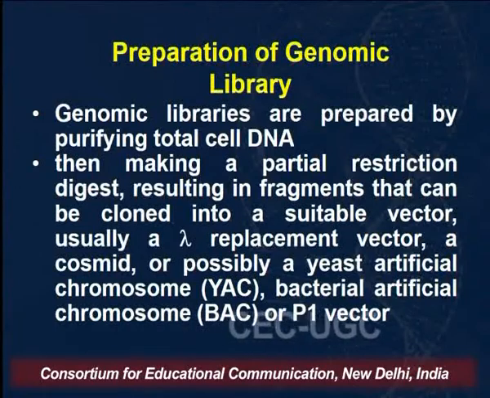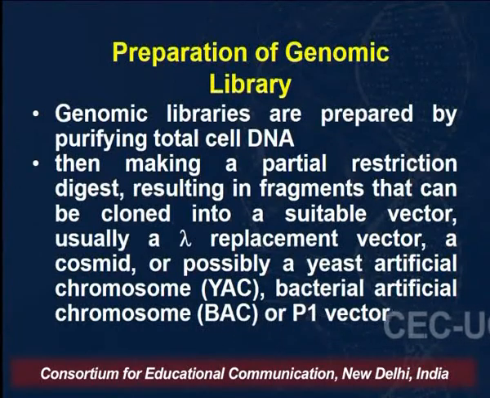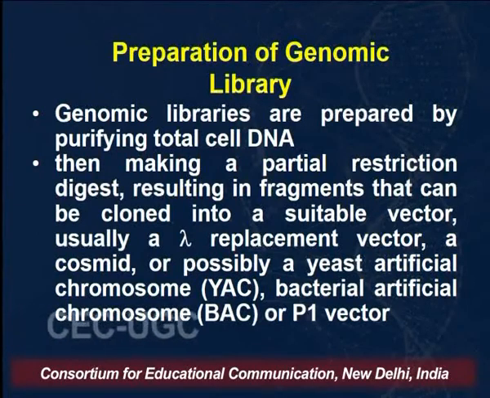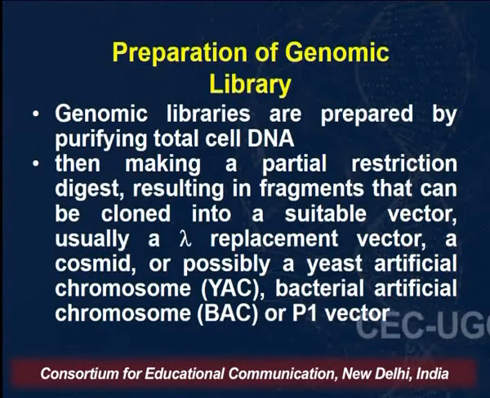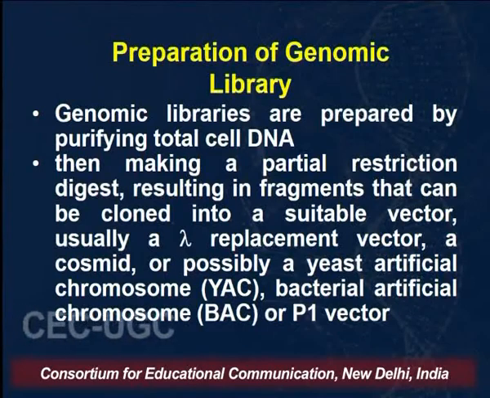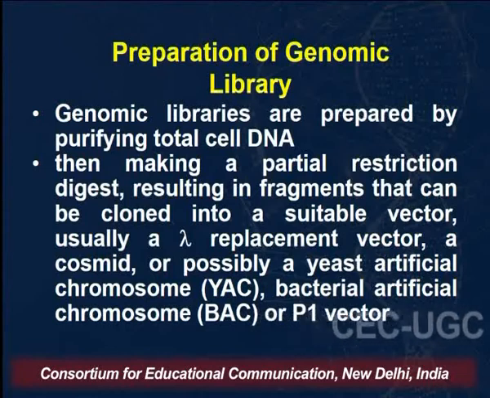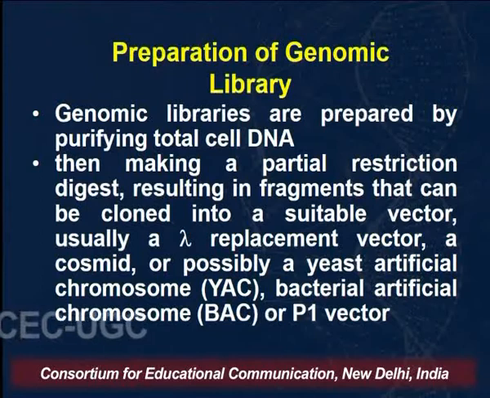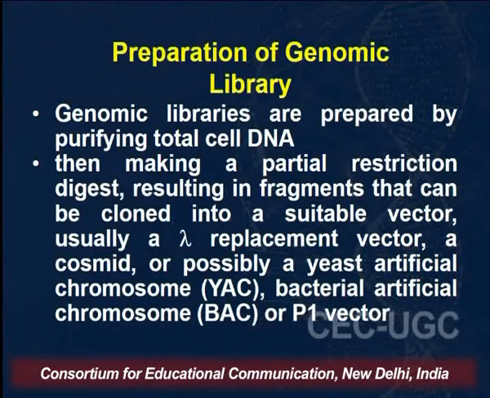Now, genomic libraries are prepared by purifying the total cell DNA. So, again, if you recall the simple recombinant DNA technology technique, then we used to have this gene of interest which was coming from some source, DNA from some source, and then we insert it into a cloning vector. We also talked about the various types of cloning vectors such as plasmids, phagemids, lambda phage based vectors or M13 phage based vectors, P1 vectors.